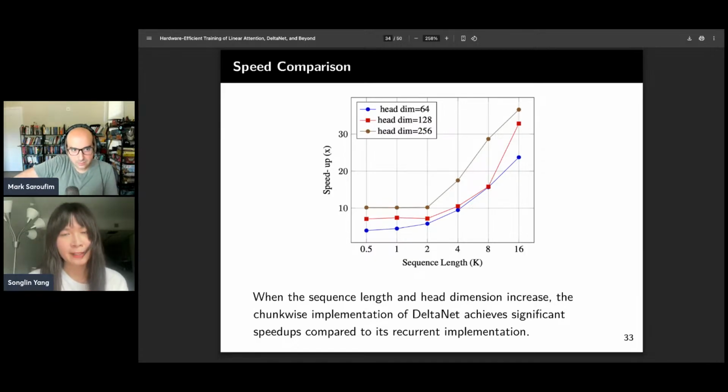So for the next years, I'm very interested in designing some hardware efficient architecture that allows us to do more drafts within a single layer. So we don't need to have those chains of thought to improve the expressivity of the transformers.